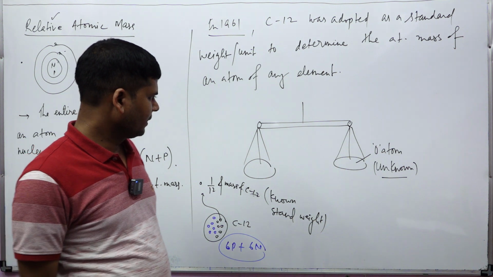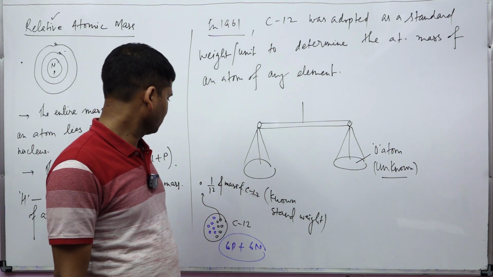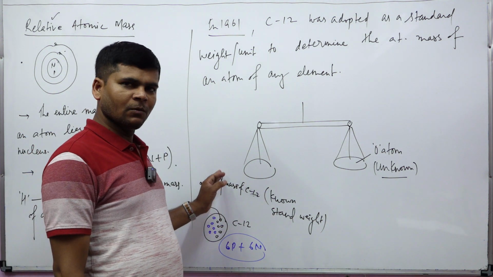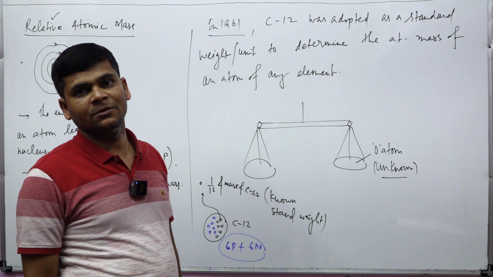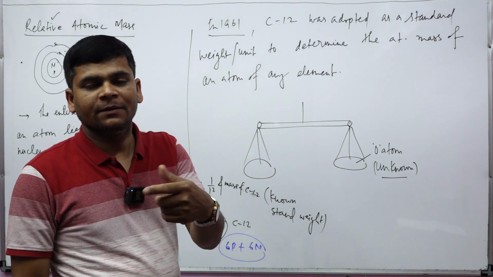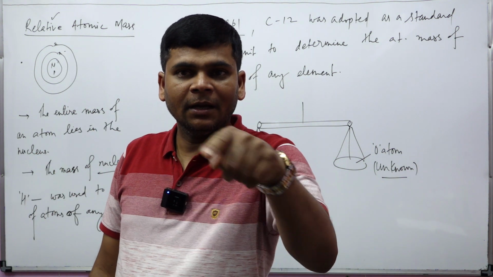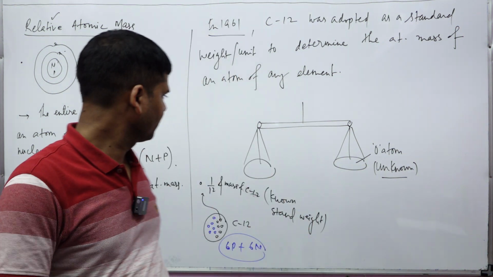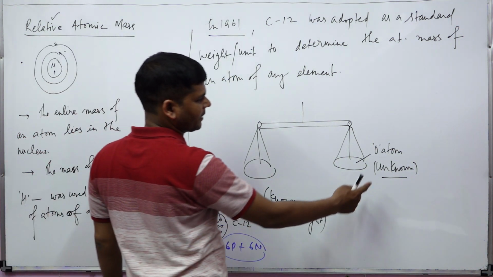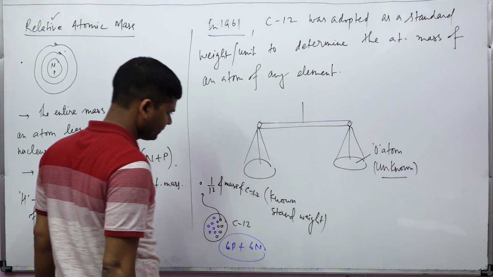Similarly here in chemistry, 1/12 times the mass of C12 is used as a unit to define how many times an unknown atom is heavier. For instance, I have taken here an oxygen atom.